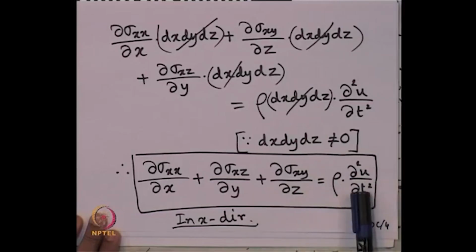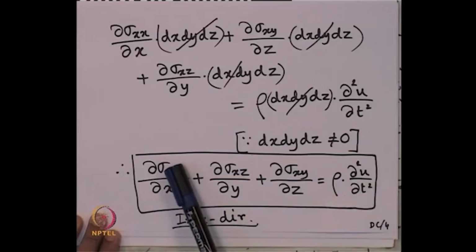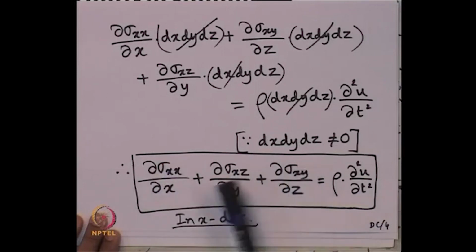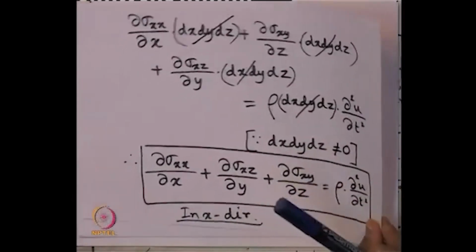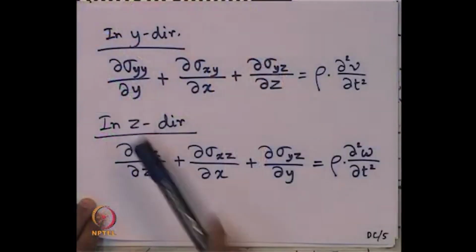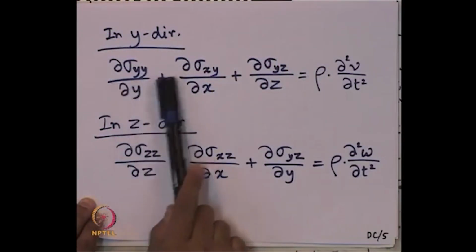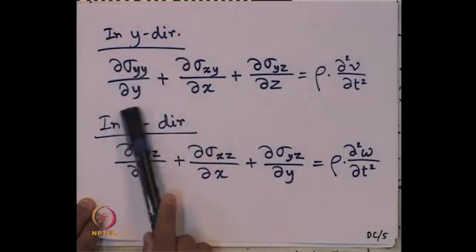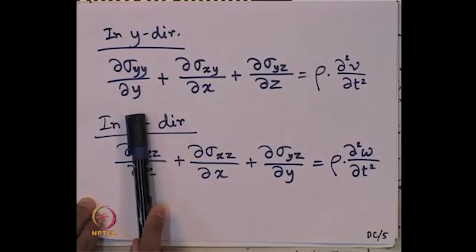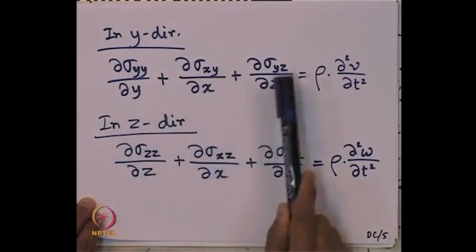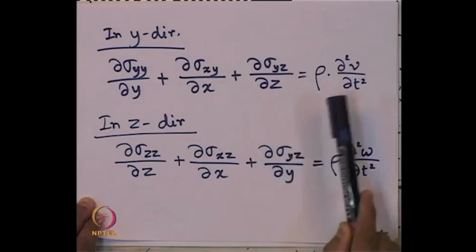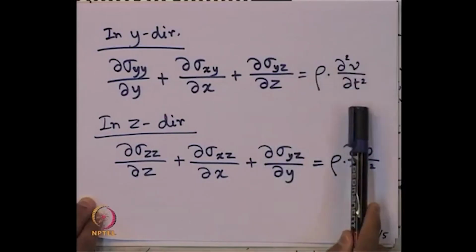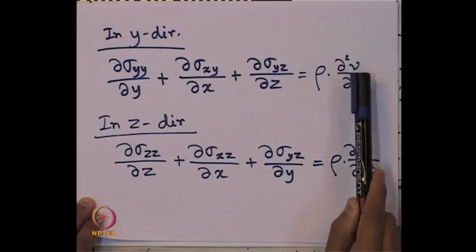This parameter indicates the acceleration in x direction, rho is the density of the material, sigma xx is the normal stress along the x direction, and sigma xz and sigma xy are the shear stresses. In a similar way, for the y direction the relationship is given by del sigma yy by del y plus del sigma xy by del x plus del sigma yz by del z equals rho times del square v by del t square, where v is the displacement in the direction of the y axis.